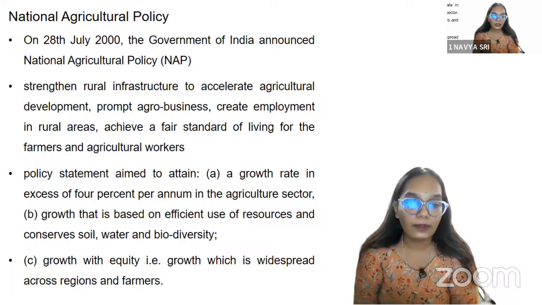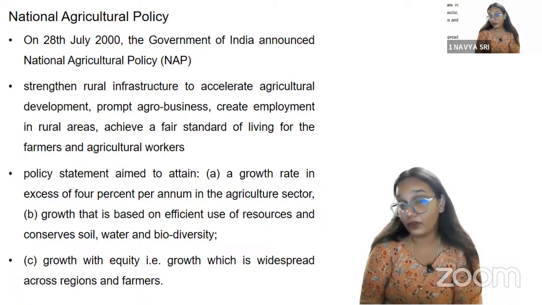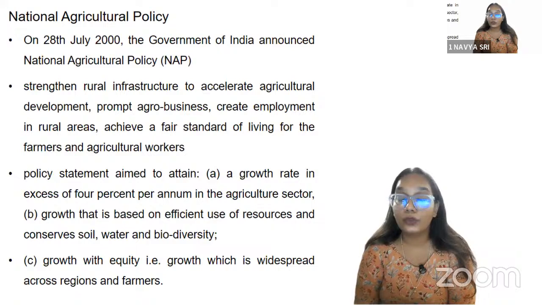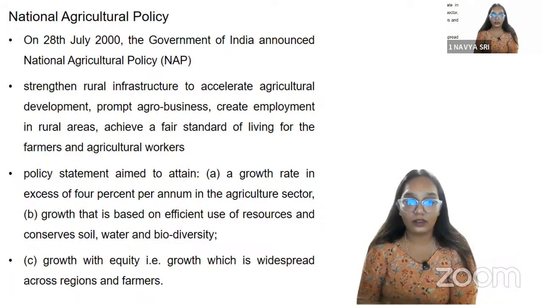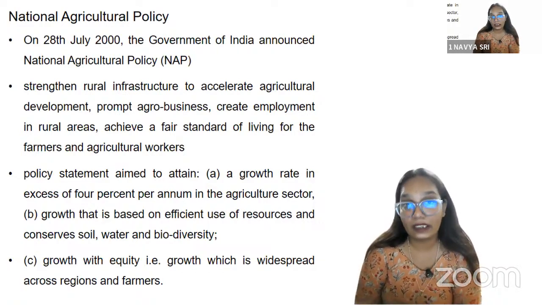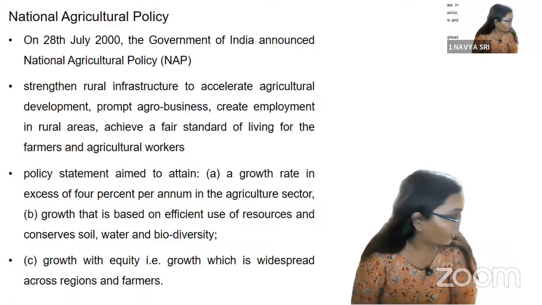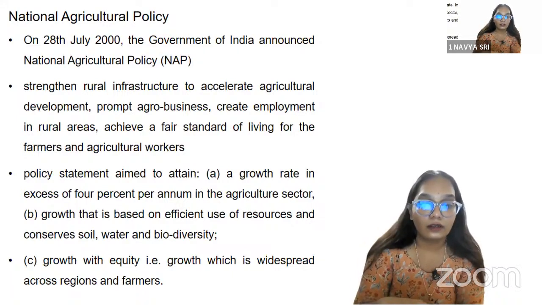Then growth that is based on efficient use of resources. So this also calls for sustainable and efficient use of resources and conservation of soil, which would not lead to the destruction of the environment, water and biodiversity. And this is growth with equity. What is growth with equity? This is growth which is widespread across regions and farmers.